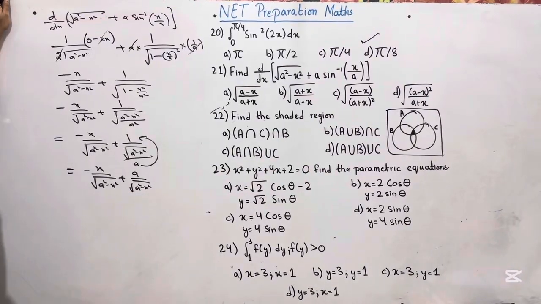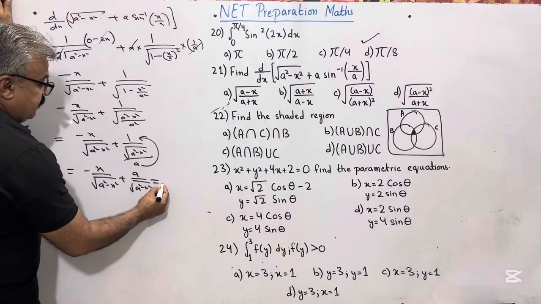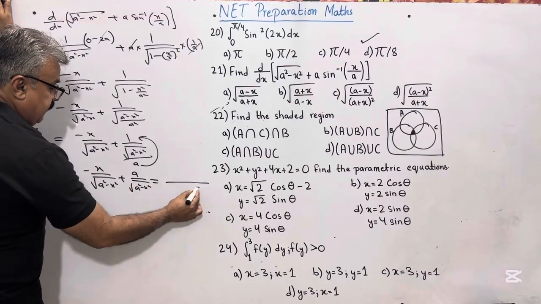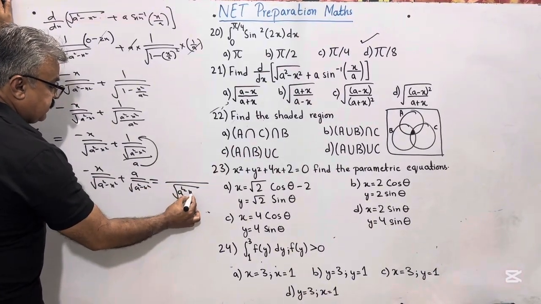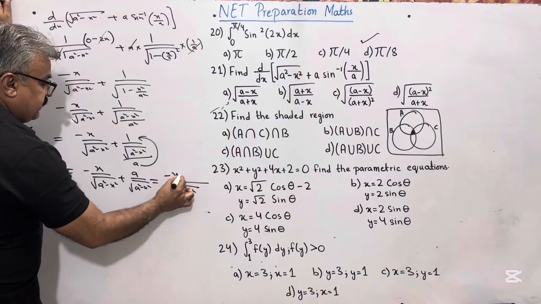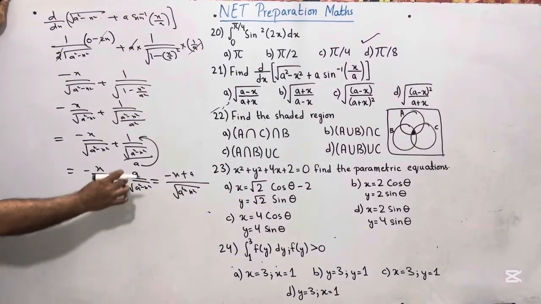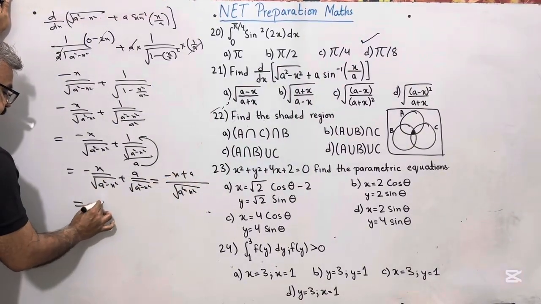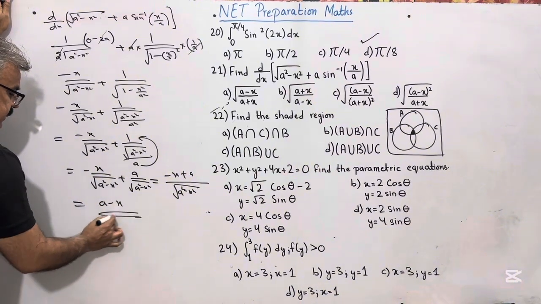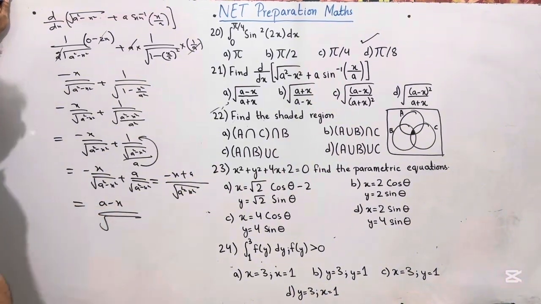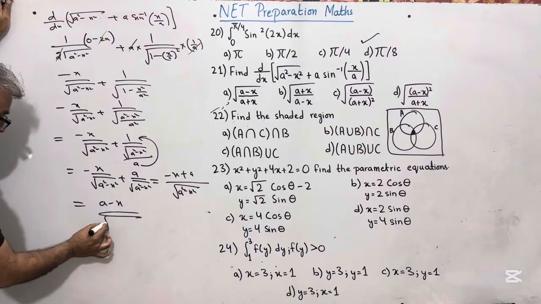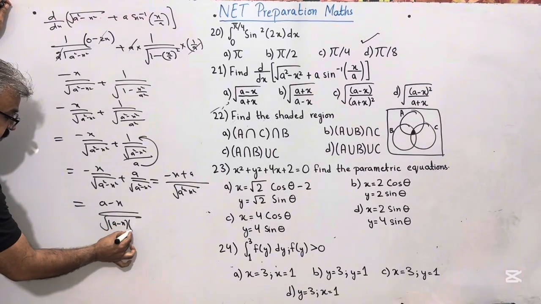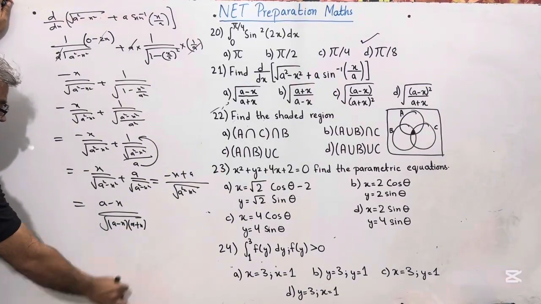Denominators are homogeneous. Write the denominator one time, no change in the numerator. We have a square minus x square, that is negative x plus a. If I write this one as a minus x and factorize the quantity present in the square root, that is a minus x times a plus x.